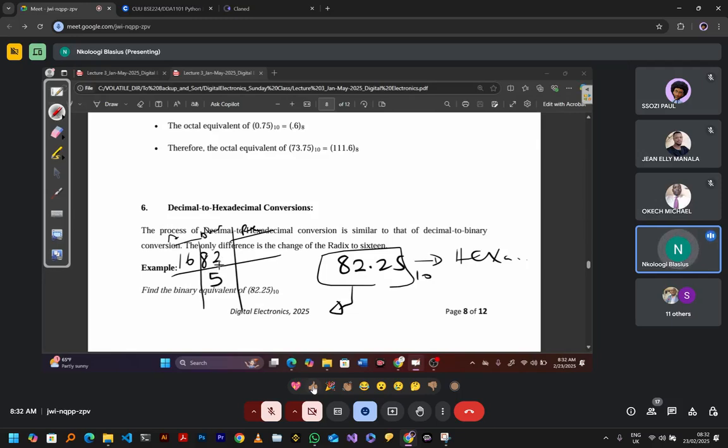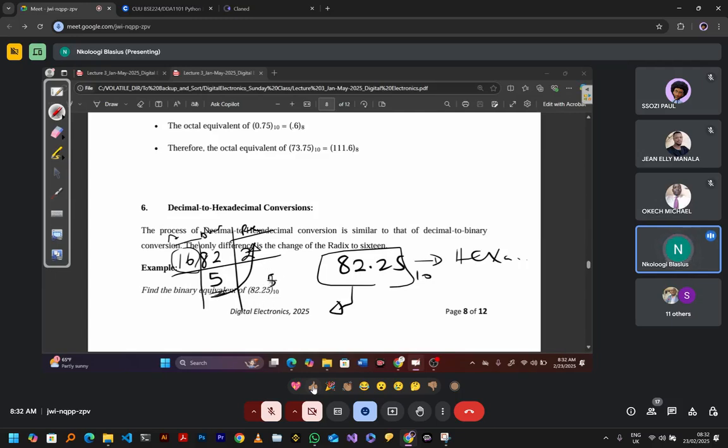So 80, if you subtract it from 82, then you will have a remainder of 2 here. Since this value is now less than the radix you're moving to, you can no longer divide. Just stop here and then you record this in the backwards or reverse direction.